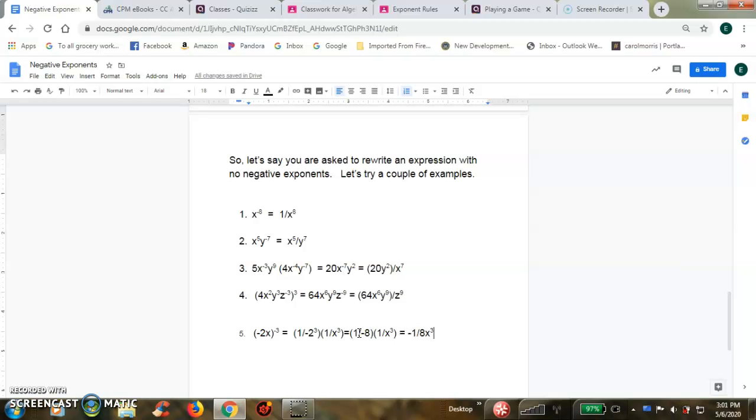Why did you do this? Okay, so this is negative 1/8. It doesn't really matter where the negative is. I think it's a little more clear to have the negative in the numerator, so that's the only reason I did that. So basically I switched my negative here, and then I'm just left in the denominator with 8x to the third power. All right, hopefully that makes sense to you.